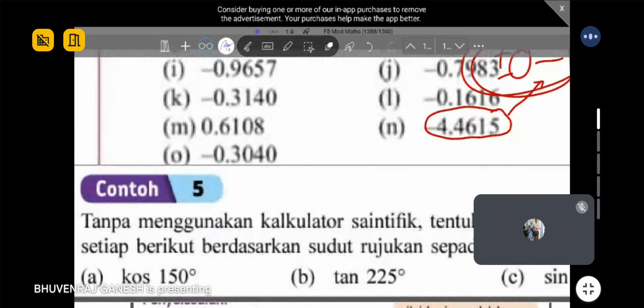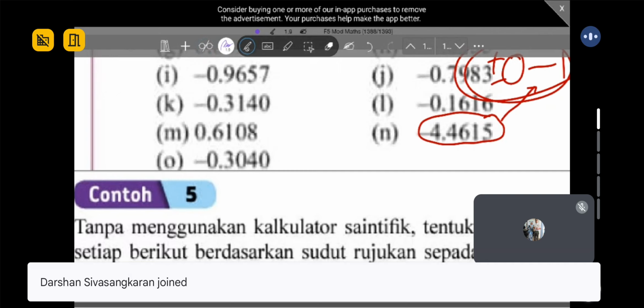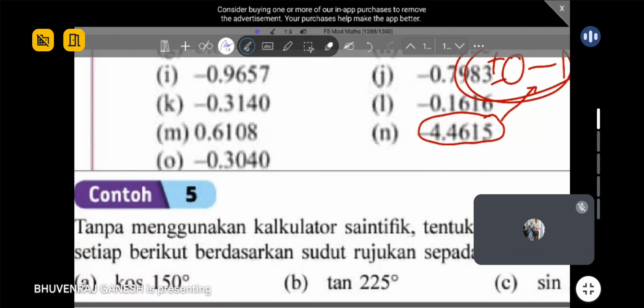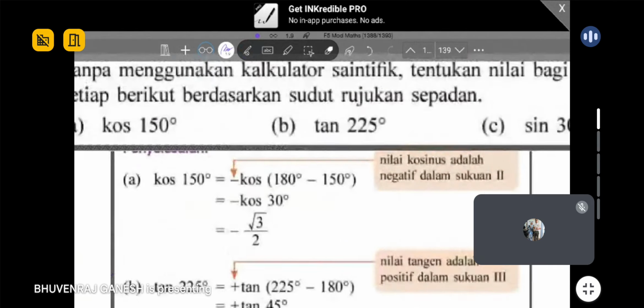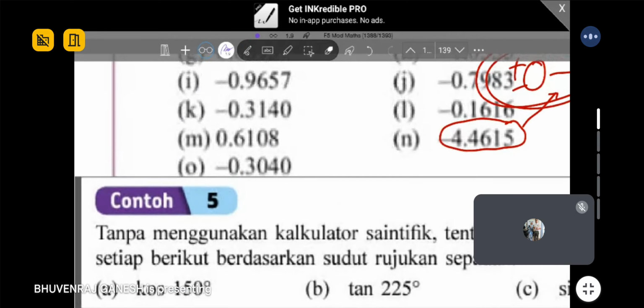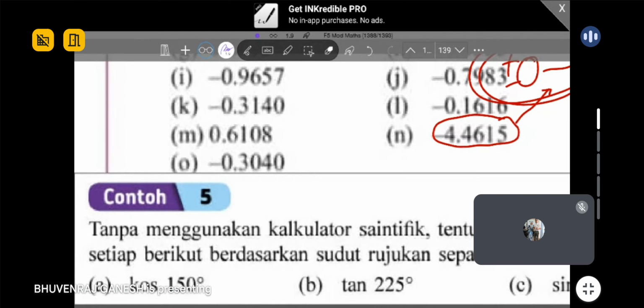Okay guys, okay, so for this question, very clear, they say you cannot use calculator. Okay, tanpa menggunakan calculator. So they want you to get the values of all of these angles. Okay, sudut. Okay, so for cos 150, guys, can you all tell me what is the reference angle?